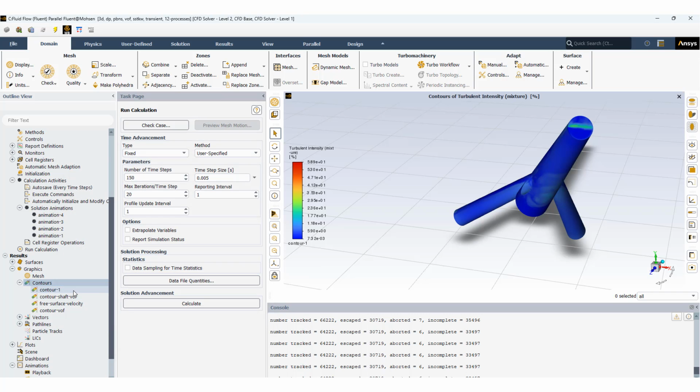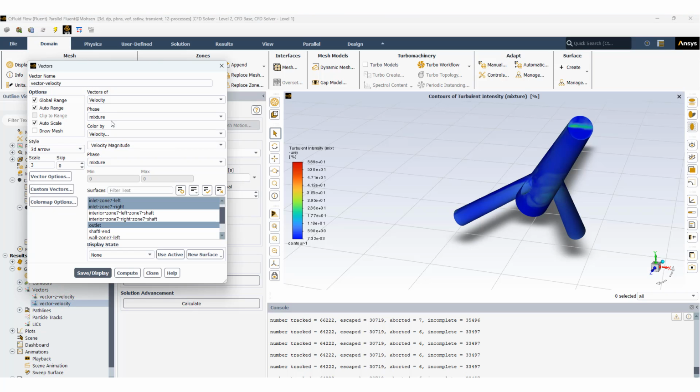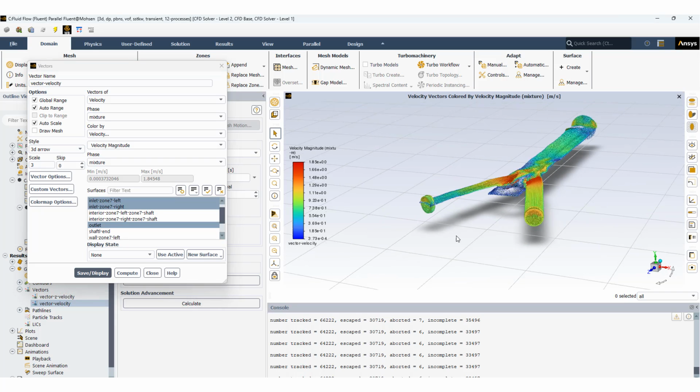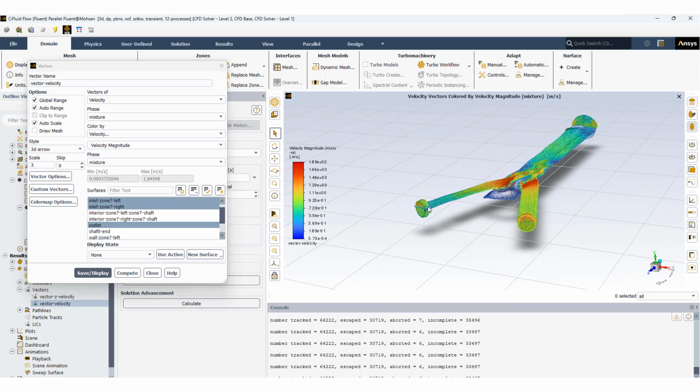So different parameters like velocity, the way that the flow streams interact together, pressure, turbulence, whatever, I can find it here. I can define vectors. I already defined the magnitudes of the vector from inlet toward outlet.